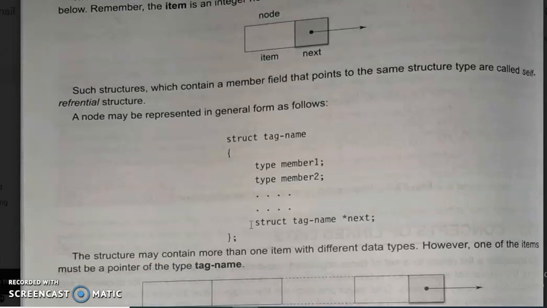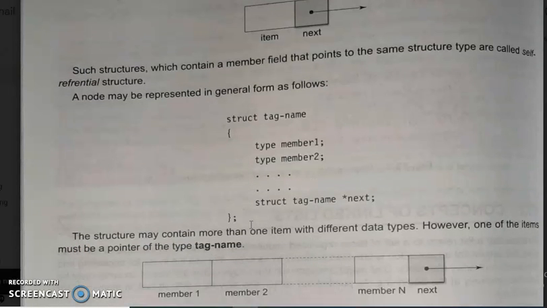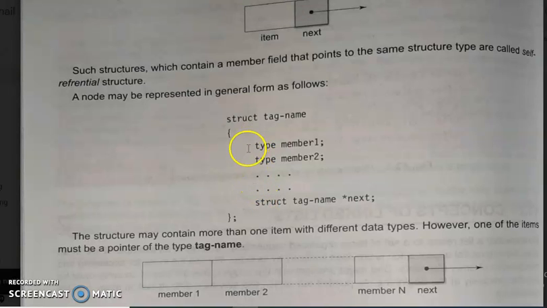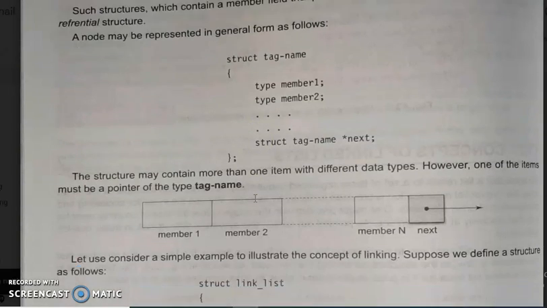The structure may contain more than one item with different data types. However, one of the items must be a pointer of the tag name. We haven't seen this syntax. These are all the different members with different data types, but this is the item that is a pointer of the type tag name.